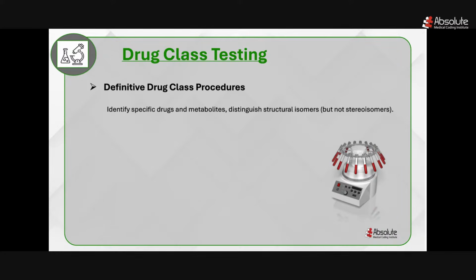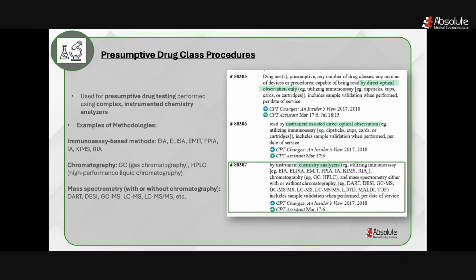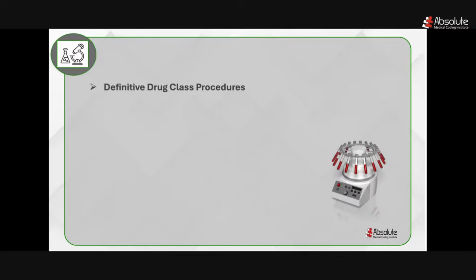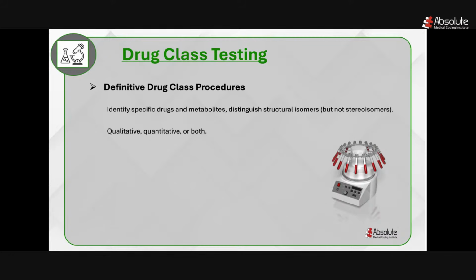So what is the goal for definitive drug testing? These are used, as I said, to identify specific drugs and their metabolites. And they are also used to distinguish between structural isomers. And they can be qualitative, quantitative, or both.